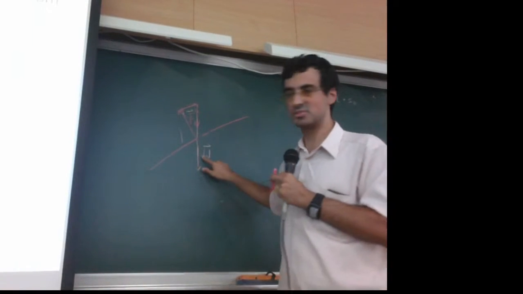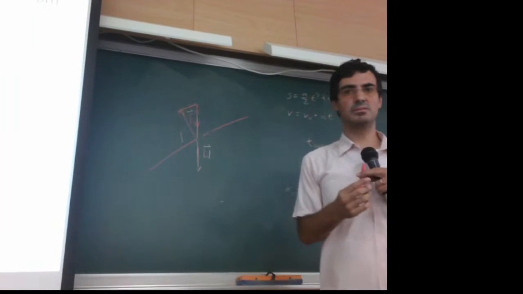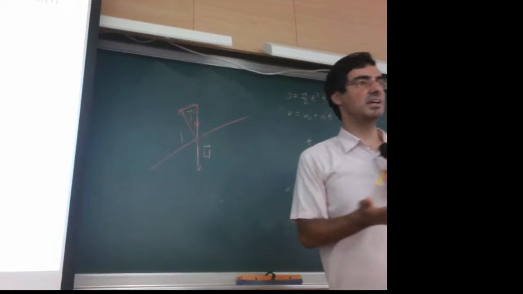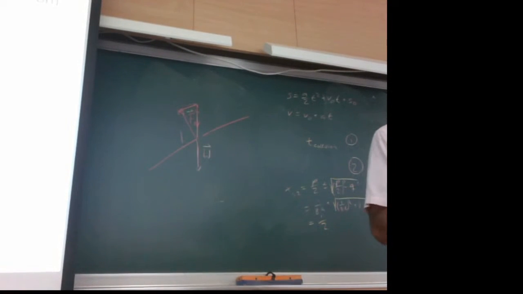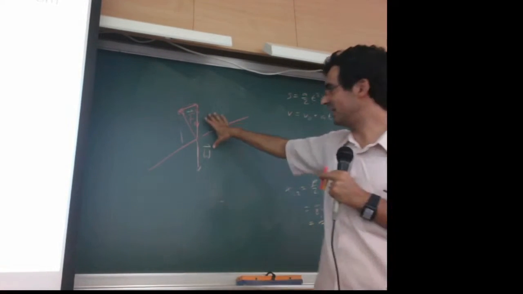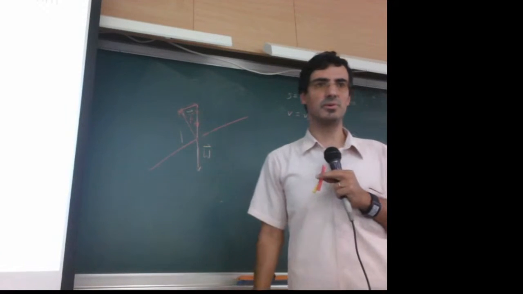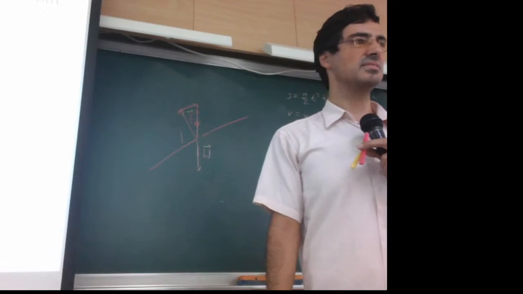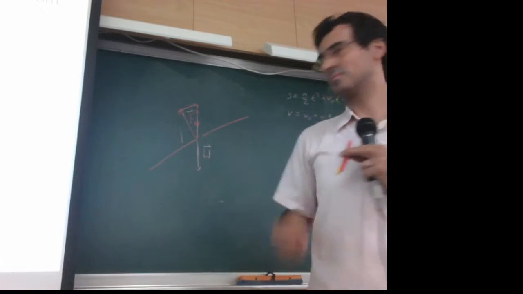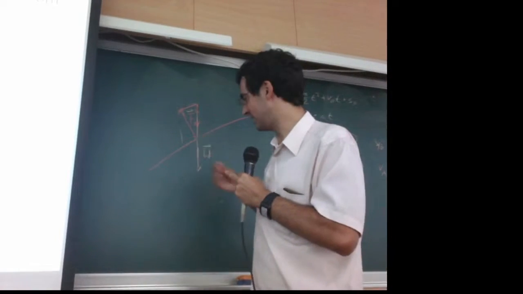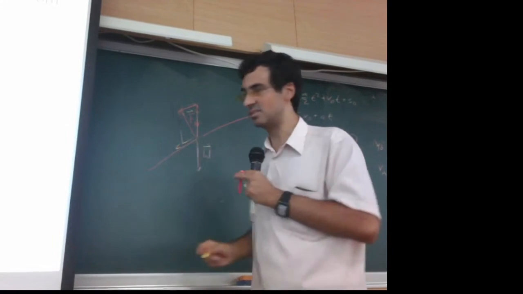This one is equal and opposite to the weight. What about that one? All I did is I said, this is an x direction, these components cancel out. There's still another component. And it's not canceling out. That's what makes my object slide down.